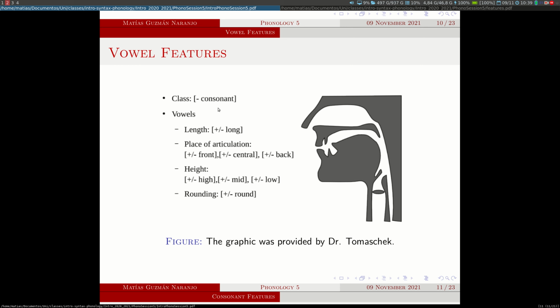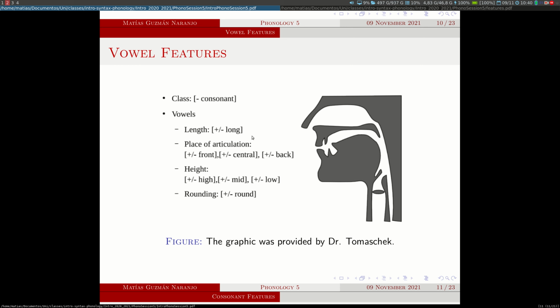That already shows you something, which is that it doesn't really matter whether you take it from one perspective or the other. If you want to make it from the perspective of consonants, then you just have to say that vowels are minus consonant. And if you want to make it from the perspective of the vowels, then you say they are plus vowel, or syllabic, which is the usual feature, and consonants are minus that. So either way works equally well, and it doesn't actually matter.